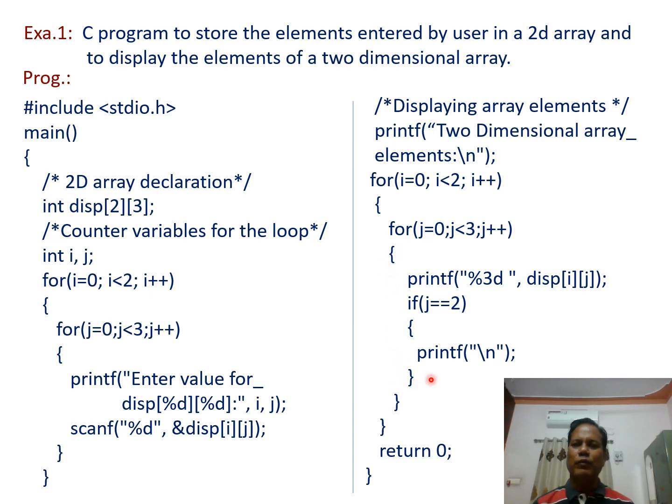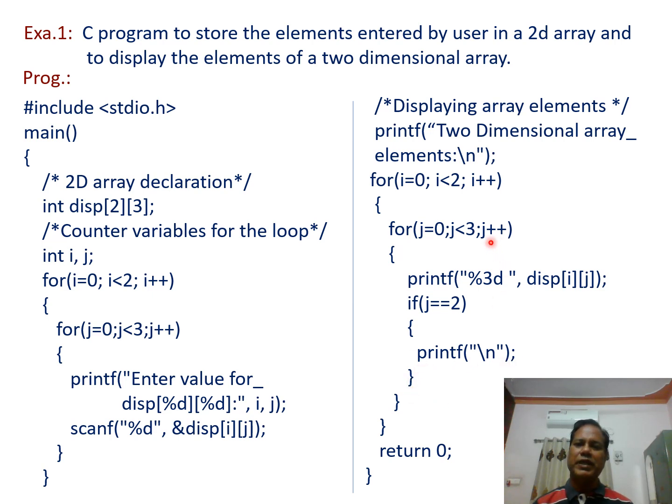In the inner for loop, here we have the first statement printf %d with disp i j, where the value of i is 0 and the value of j is 0. First row, first column. This value is printed at this point using 3 column spaces. Then if j equal to 2: now here j is not equal to 2, since the first time j equal to 0, the condition is false, so the body of the if statement is not executed.